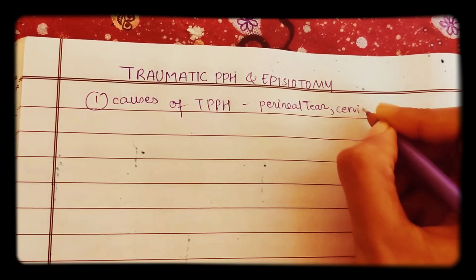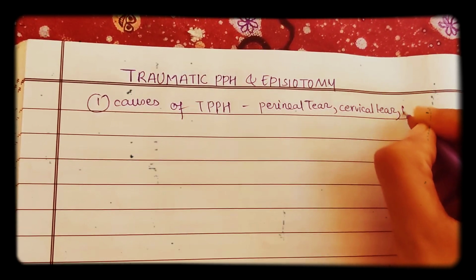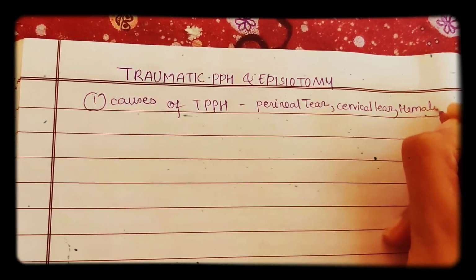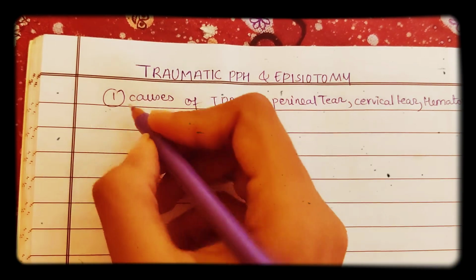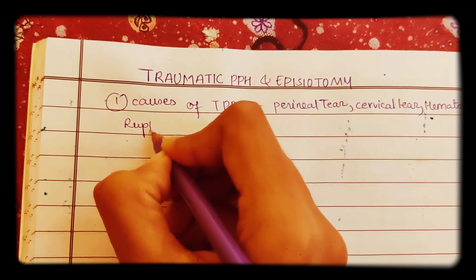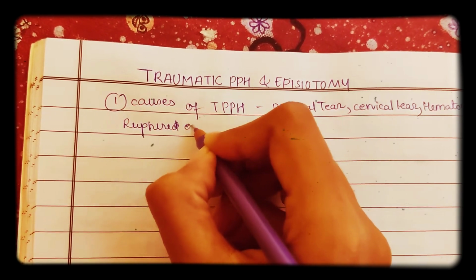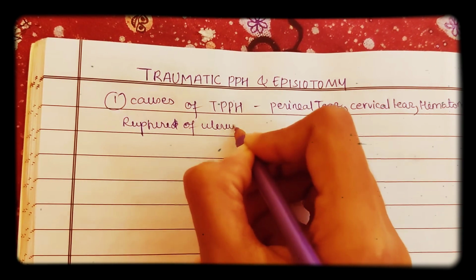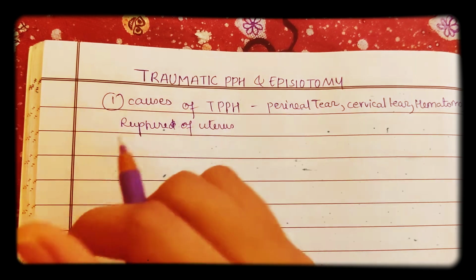When the cervix tears, in the case of a cervical tear, blood also leaks out. In the case of hematoma, and whenever there is rupture of the uterus, in all these four cases you will have blood. This is a traumatic PPH.